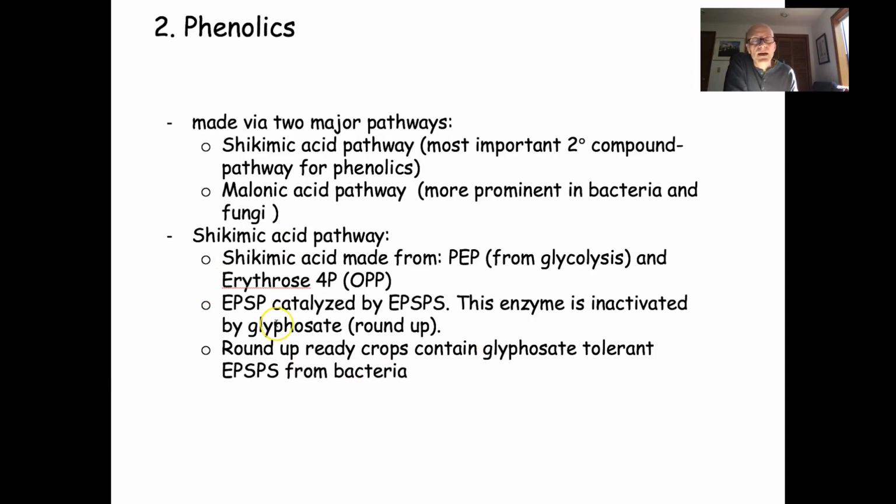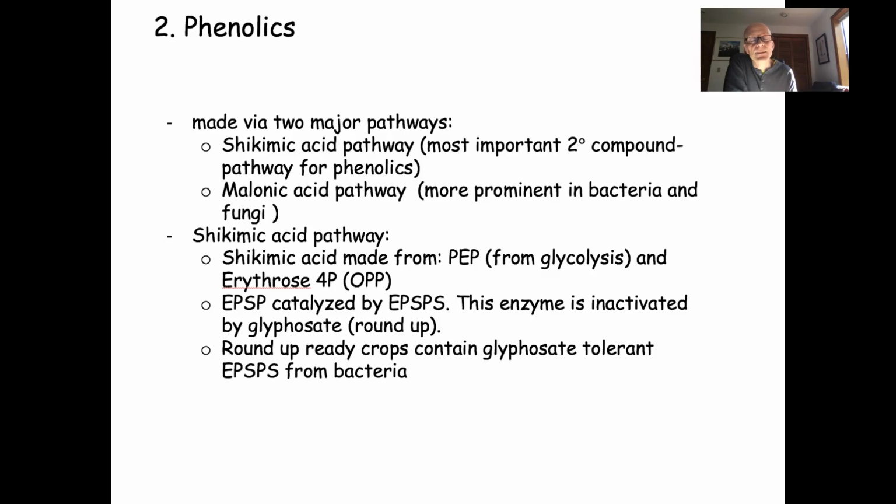So I just wrote down here a few things to remember. The shikimic acid pathway is made from phosphoenolpyruvate and erythrose 4-phosphate. The EPSP is catalyzed by EPSPS. That enzyme is inactivated by glyphosate, which is the common name, or the store name is Roundup. And then Roundup Ready crops contain this glyphosate-tolerant EPSP synthase.